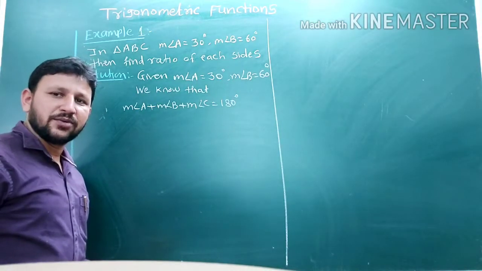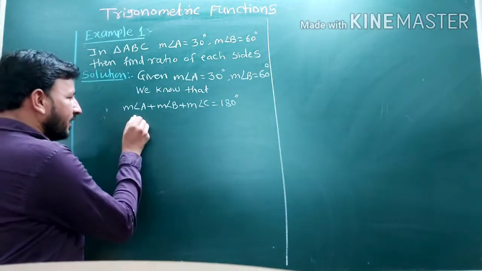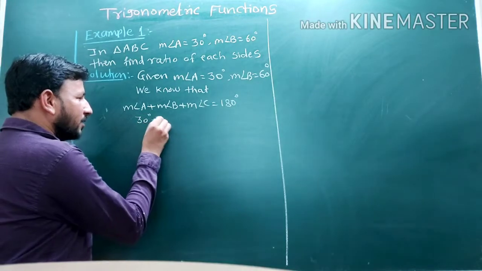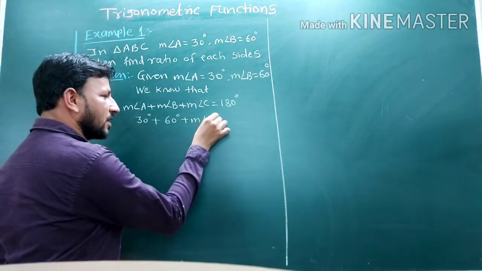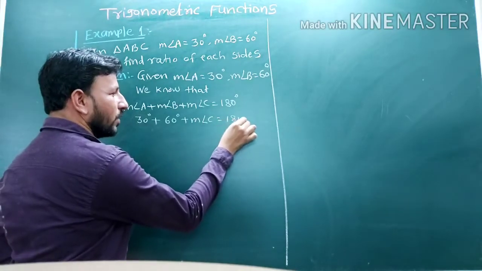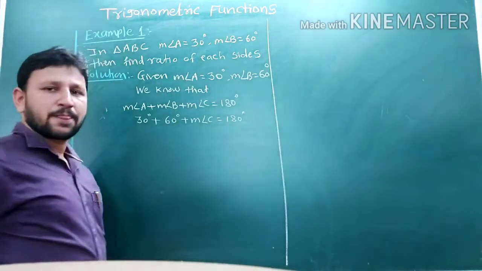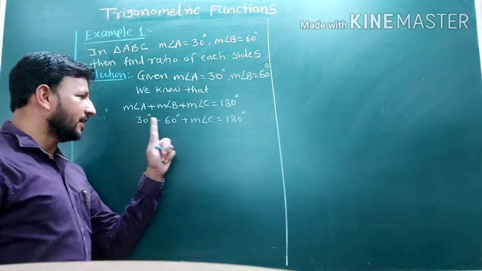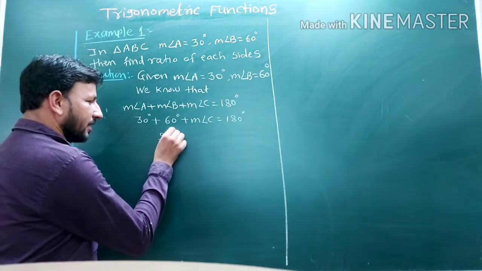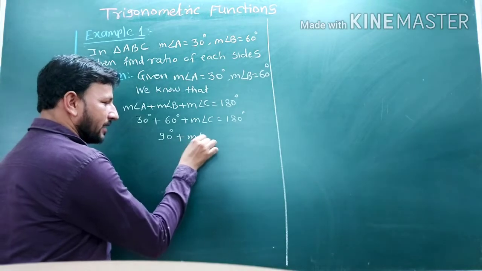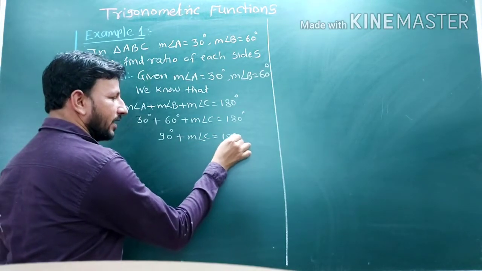Substitute values for the given angles: angle A 30 degrees, angle B 60 degrees, plus angle C, as it is unknown, equal to 180 degrees. Then addition, 30 degrees plus 60 degrees, the sum is 90 degrees, plus measure of angle C is equal to 180 degrees.